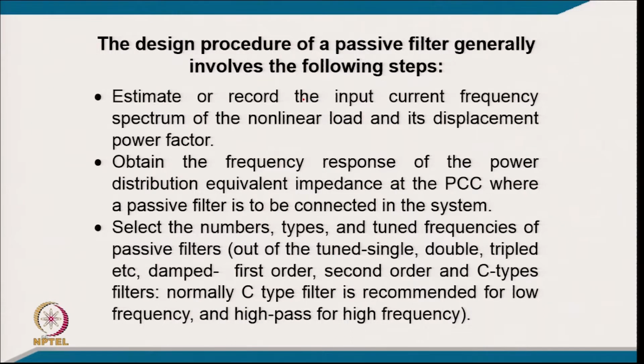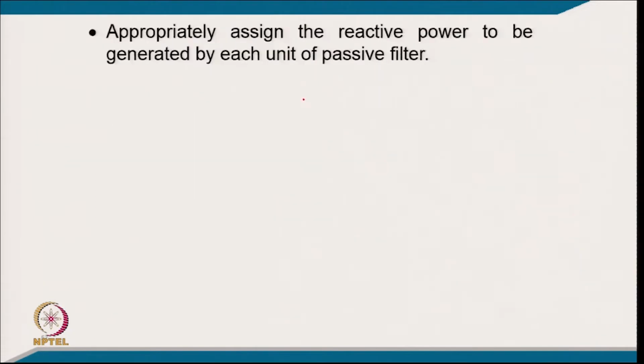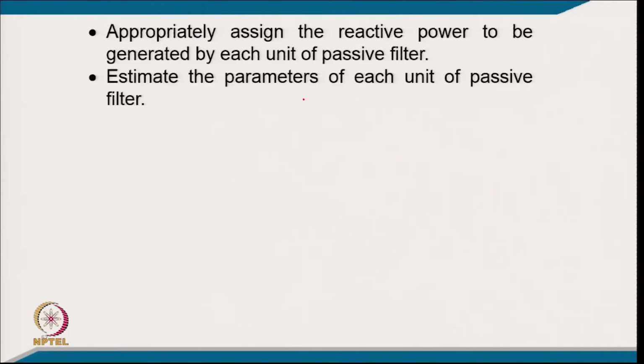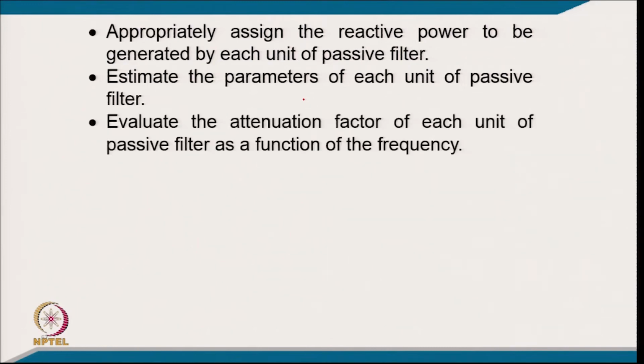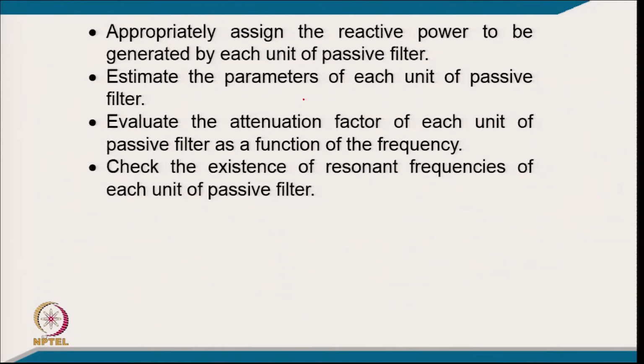Normally, C type filter is recommended for low frequency and high pass for high frequency. Appropriately assign the reactive power to be generated by each unit of passive filter, estimate the parameters of each unit, evaluate the attenuation factor of each unit as a function of the frequency, and check the existence of resonance frequencies of each unit.